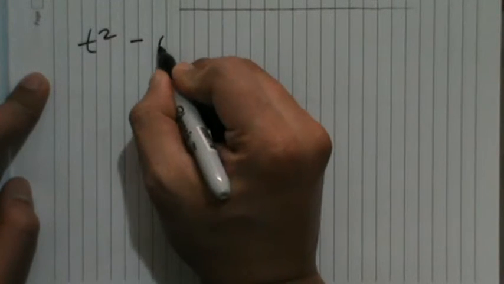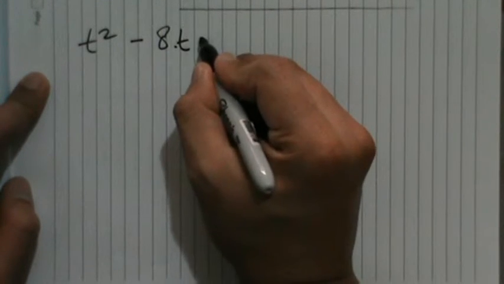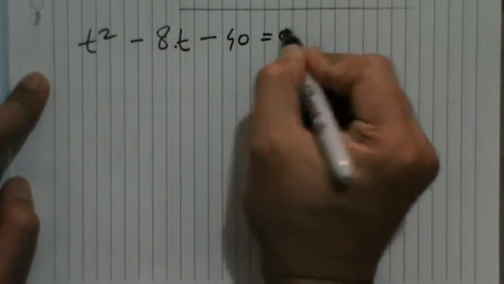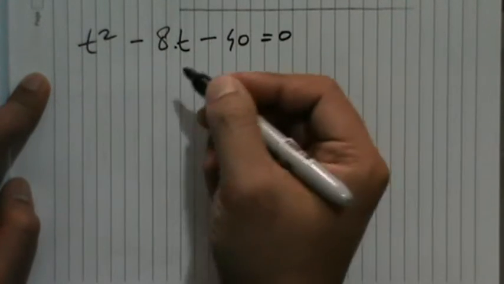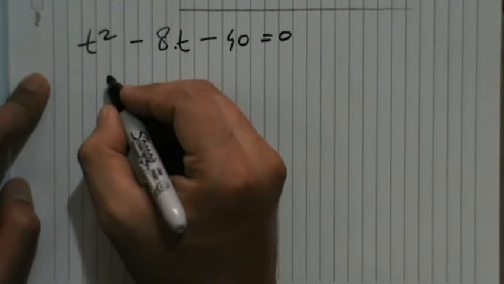So now we have a quadratic equation. It's t squared minus 8 times t minus 40 is equal to 0, and we can solve this using a ABC formula.